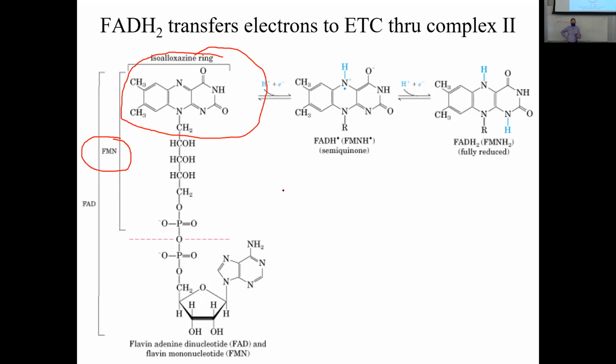The other thing I would mention is that FAD or FMN, neither one of these can leave the protein complex. So while they're able to receive electrons and donate electrons, they cannot move and carry electrons away from the complex.